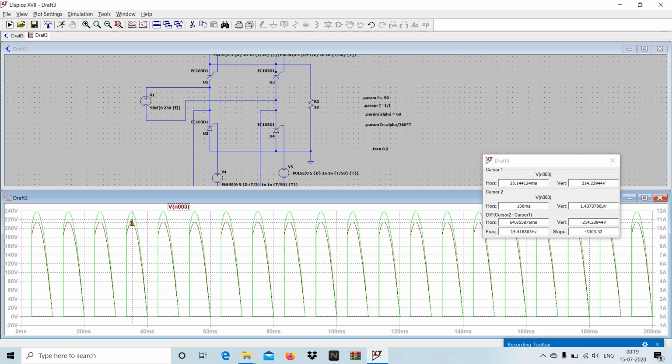Maximum here we are getting 215 volts. That is the voltage drop here. So we can check it once and do the simulation.